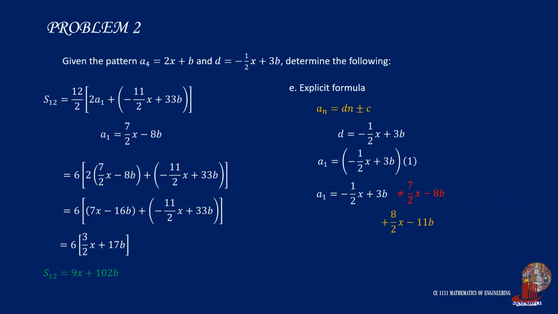So adjust it by adding positive 8 halves of x minus 11b. So a sub n for the pattern is the quantity of negative half of x plus 3b multiplied by n plus 8 halves of x minus 11b, which can be reduced to negative half of x plus 3b multiplied by n plus 4x minus 11b.